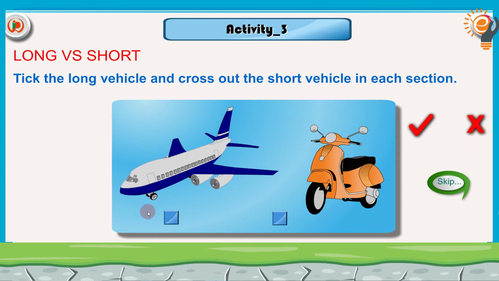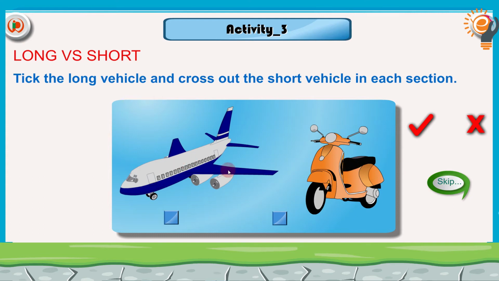So here we have two vehicles. One is an aeroplane and the second one is a scooter. In these two vehicles we have to identify the longer one and put a tick mark, and for the shorter one we have to put the cross mark.